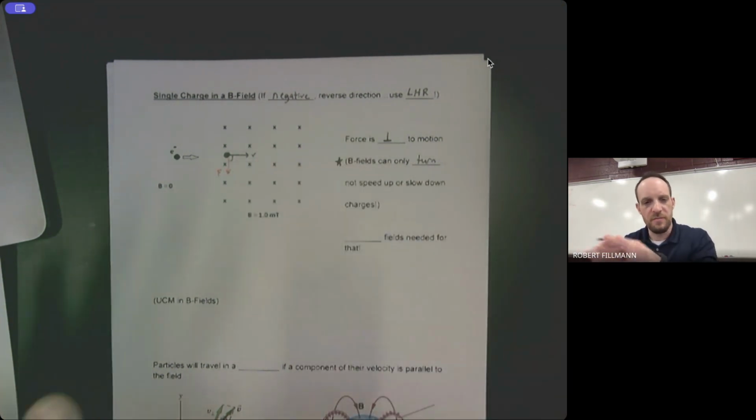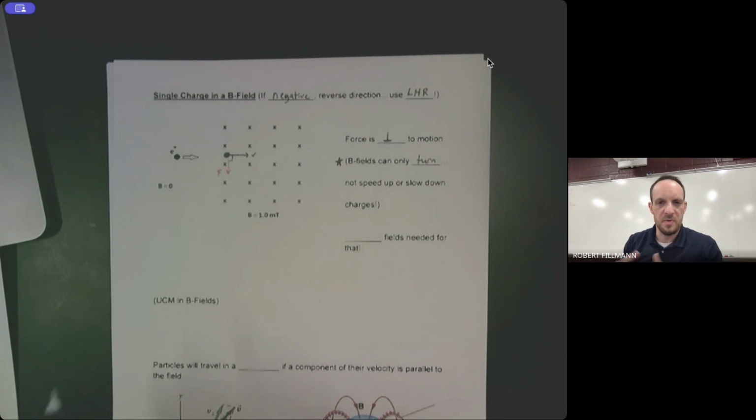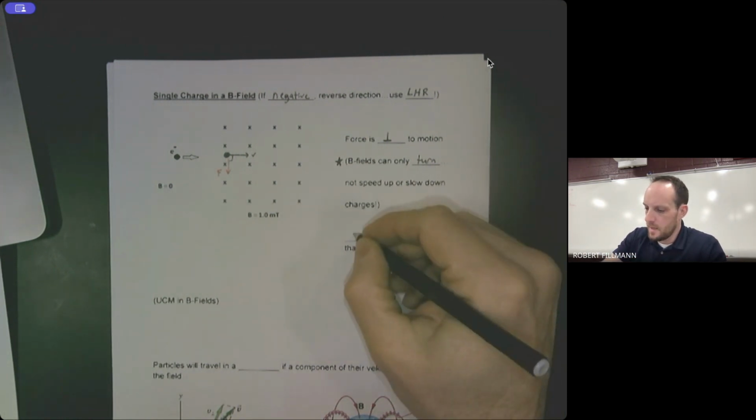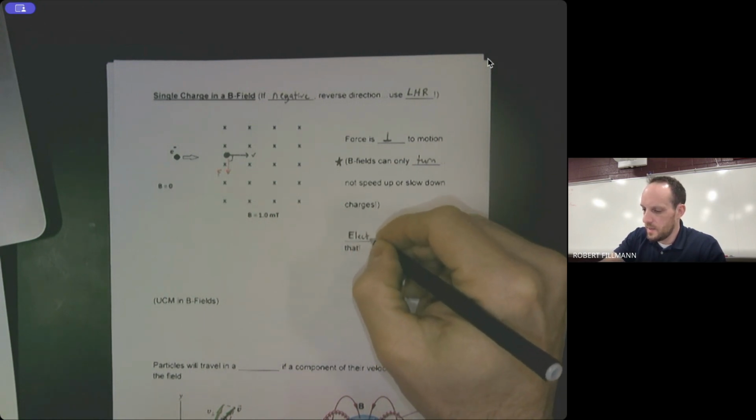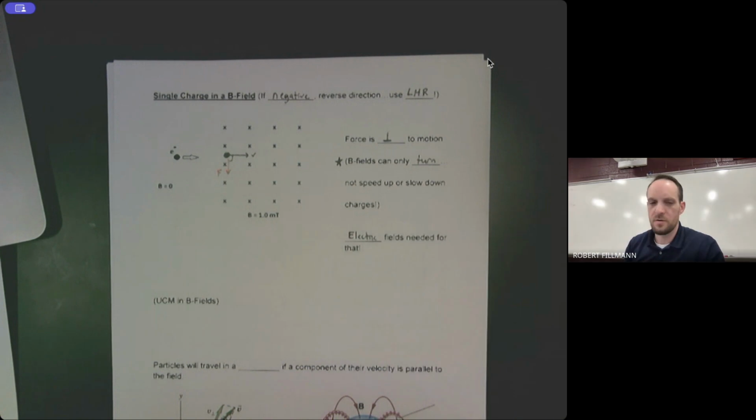So it's never going to push it forward to make it go faster or push against it to make it go slower. It will not do work. It will not speed up or slow down the charge. It will simply shift its direction. And it turns out that if you want to make a charge go faster or slower, you need an electric field for that. An electric field can push a charge and keep pushing it in the direction it's going to speed it up or slow it down.